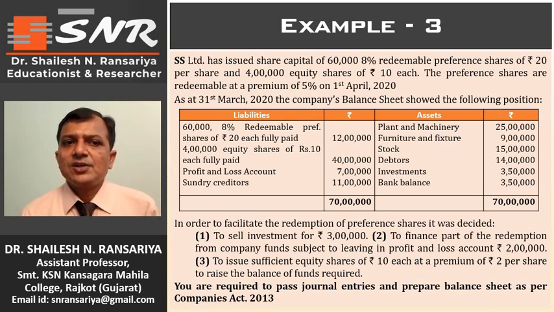Third point, to issue sufficient equity shares of rupees 10 each at a premium of rupees 2 per share to raise the balance of funds required. You are required to pass journal entries and prepare balance sheet as per Companies Act 2013.